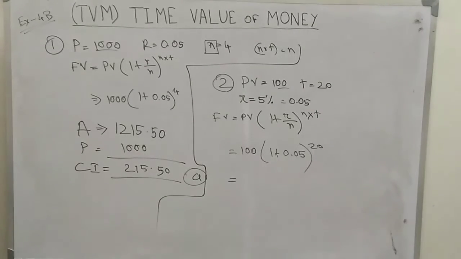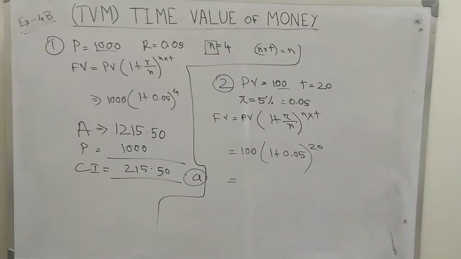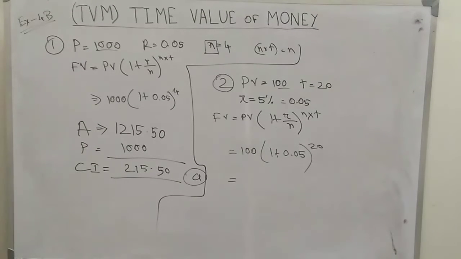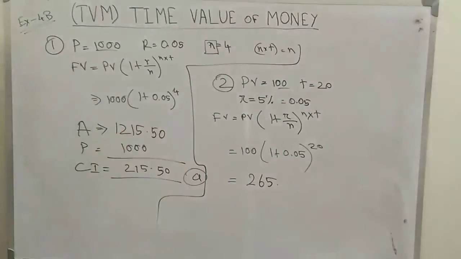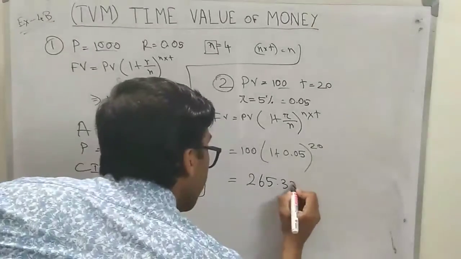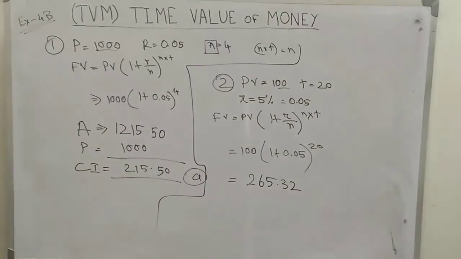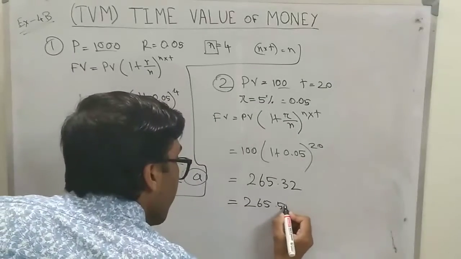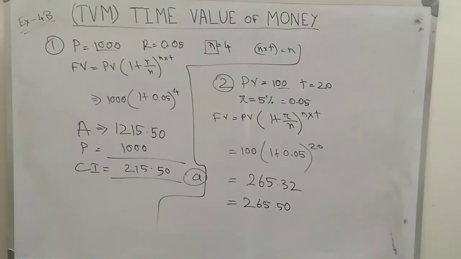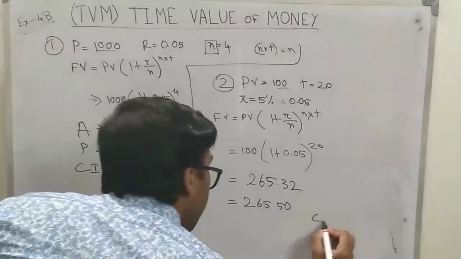And whatever the value comes, multiply it with 100. So the net future value is 265.32. Now after rounding it off, it will be 265.50. So option number C.